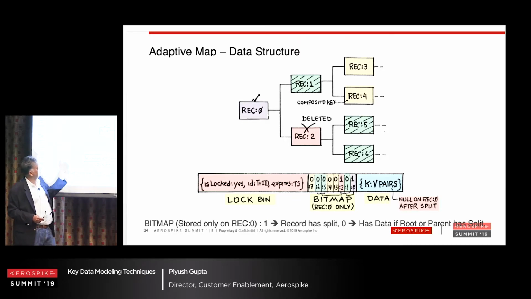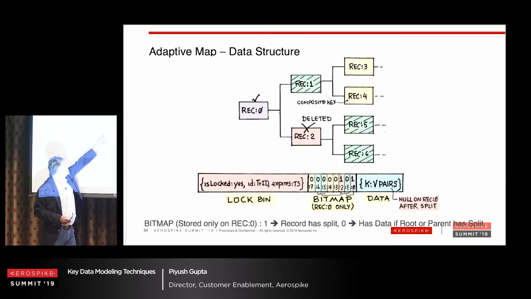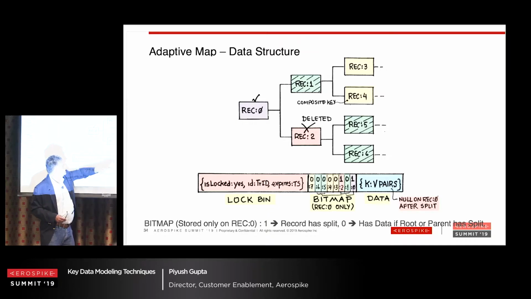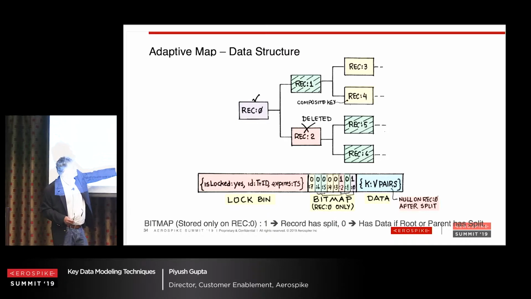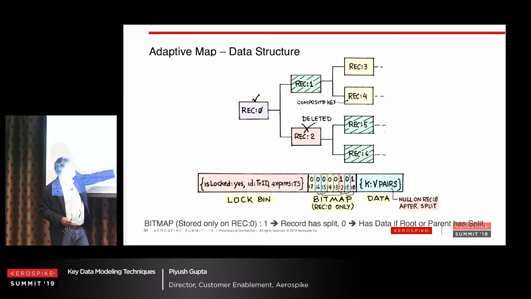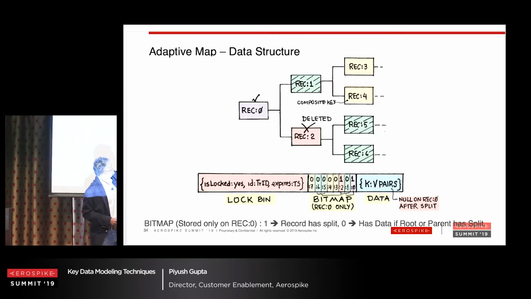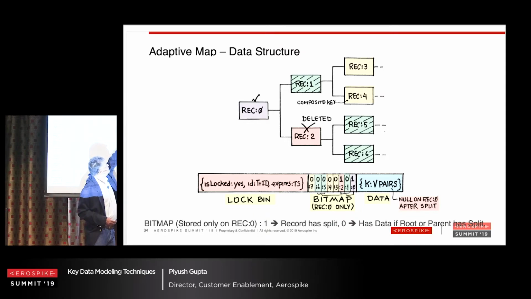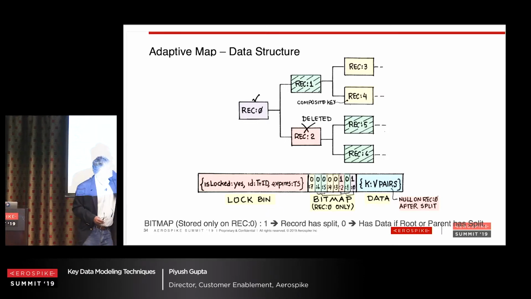So with this bitmap, the least significant bit corresponds to this, the next one is this. Anytime it splits, it becomes 1. And then anything that is 0 has data if its parent is 1, right? So if the parent has split, these have data. If this parent has not split, they don't have data. So that's a little logic in the bitmap.